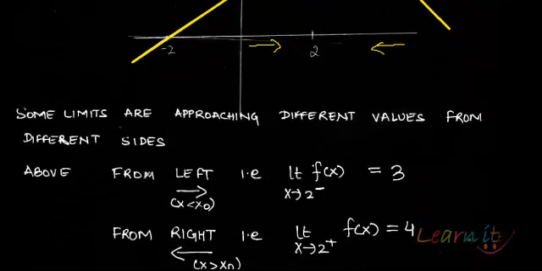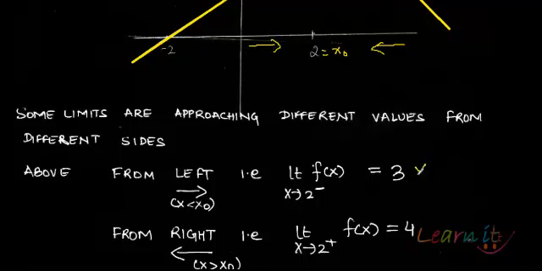So what is happening from the left, where your x is less than x naught? x naught is say 2. 2 is my x naught, and x is coming from this direction.